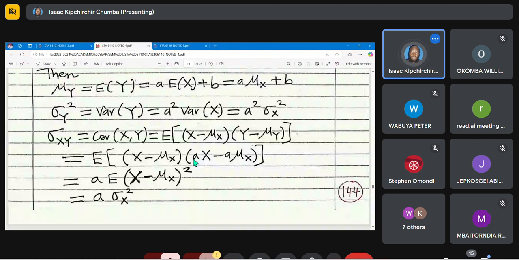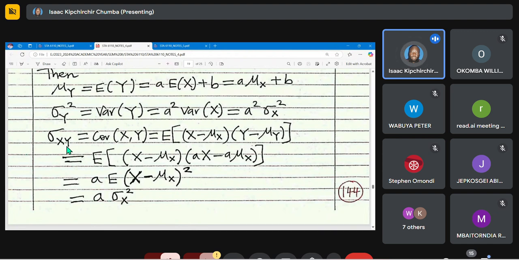You can factor out a because a is a constant, and then whatever you have now is a square. X minus mu x and x minus mu x becomes x minus mu x squared. But you can see by definition, this is the variance of x, so this is sigma x squared.